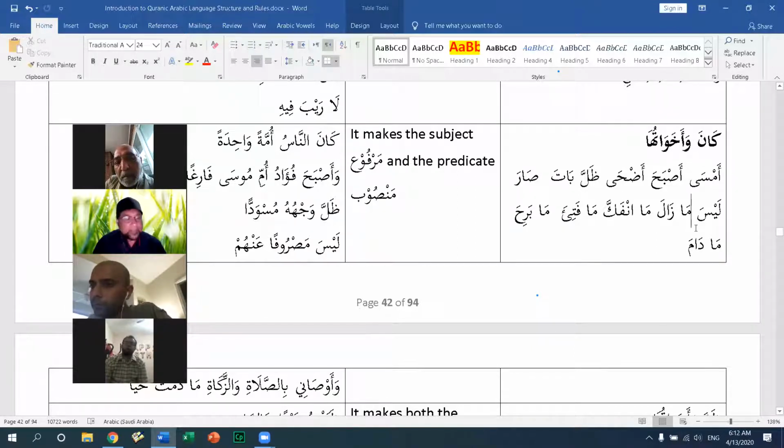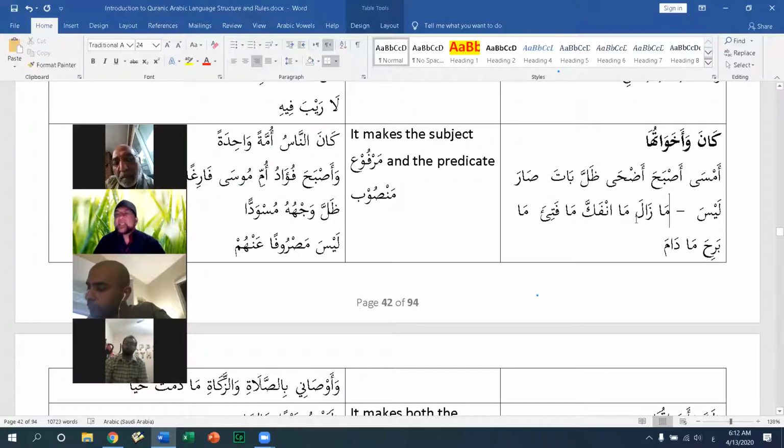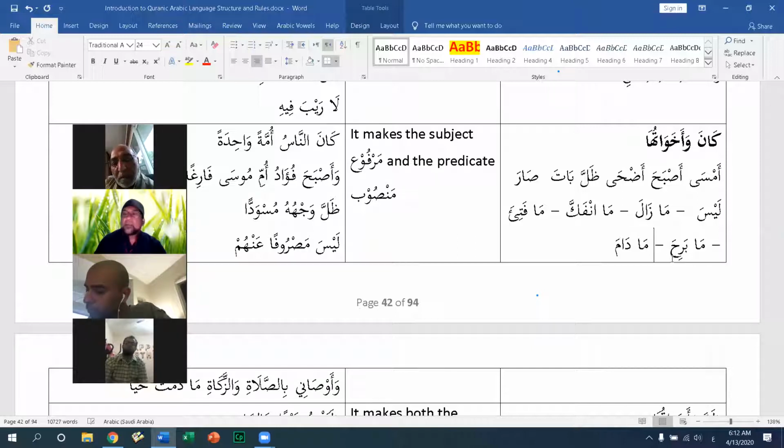Mazala is one phrase. Ma fakka, ma fati'a, and ma bariha and ma dama. I'll explain each of these when we talk about them, their meanings and how they're used.